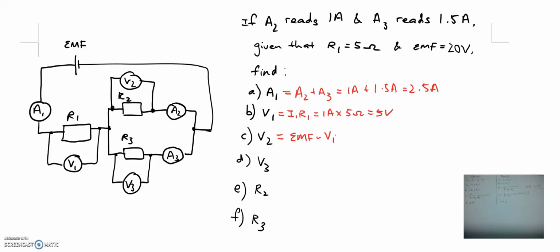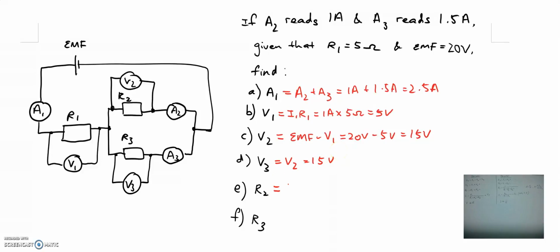So the potential difference across that whole parallel branch is considered as 1. Okay, so you need to consider it once when it's in series with V1. Alright, so what we have right now is 20 volts minus 5 volts, and that leaves us with 15 volts. Okay, so V3 equals V2, so we have solved this. This is also equal to 15 volts.